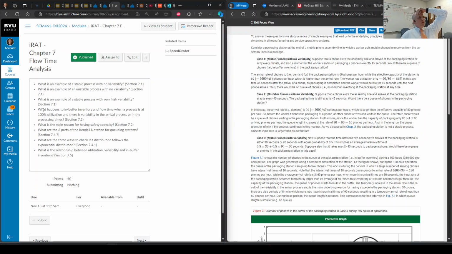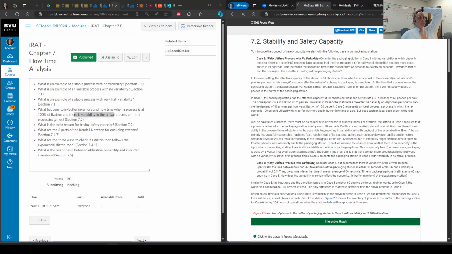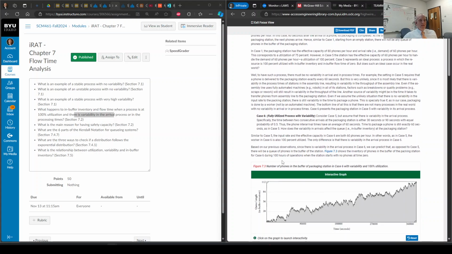The next bullet here is what happens to in-buffer inventory and flow time when a process is at 100% utilization and there is variability in either the arrival process or the processing time. So that's going to be section 7.2. And what we're after here is what is this relationship? There's a case 5 and a case 6 here. Here is the situation where there's 100% utilization and there's variability.